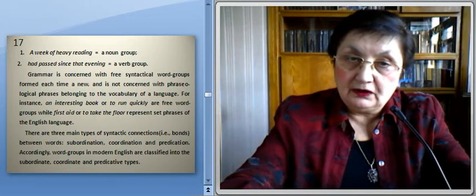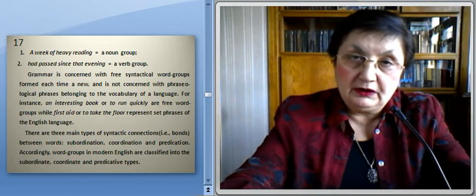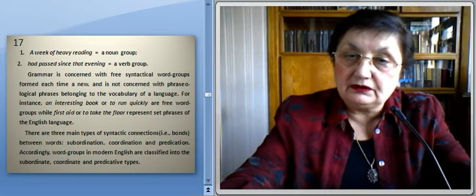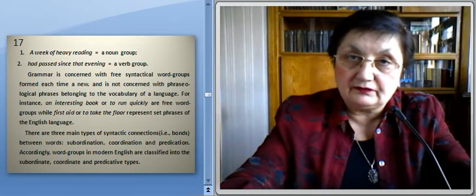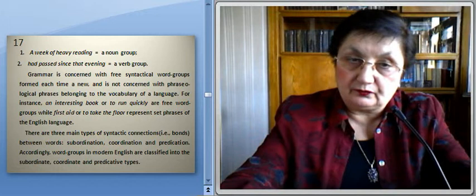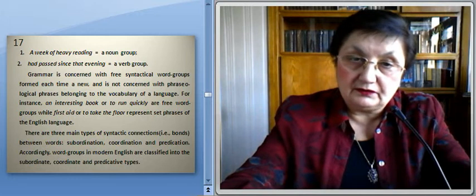For instance, "an interesting book" or "to run quickly" are free word groups, while "first aid" or "to take the floor" represent set phrases of the English language. There are three main types of syntactic connections, that's bonds between words: subordination, coordination, and predication.